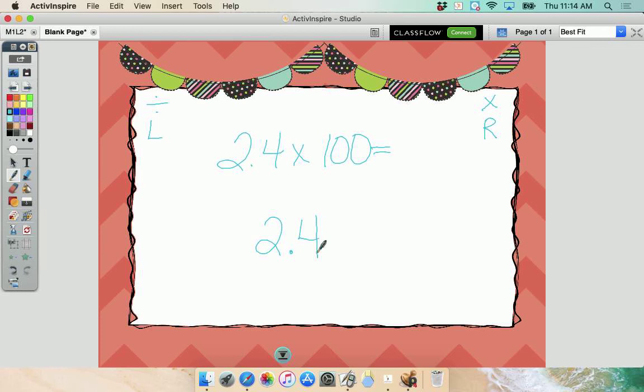All right. So table 5. How many times will I move the decimal for 100? 2 times. Why? There's 2 zeros on 100. Which way do I go for multiply? The right. Table 5.